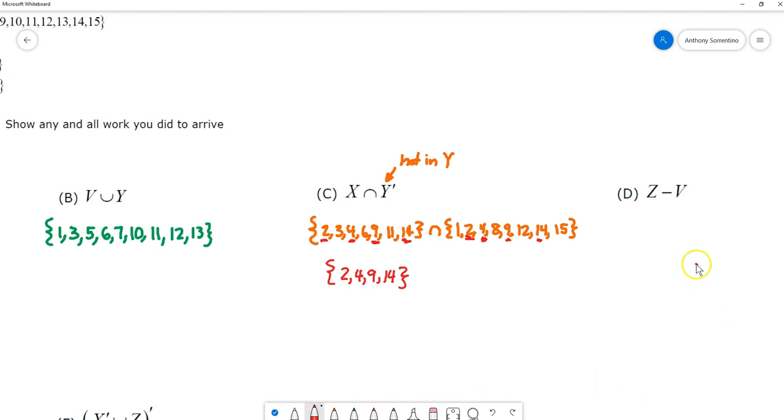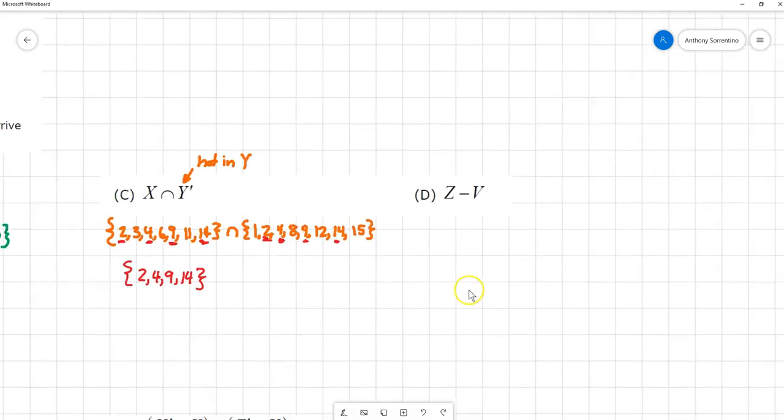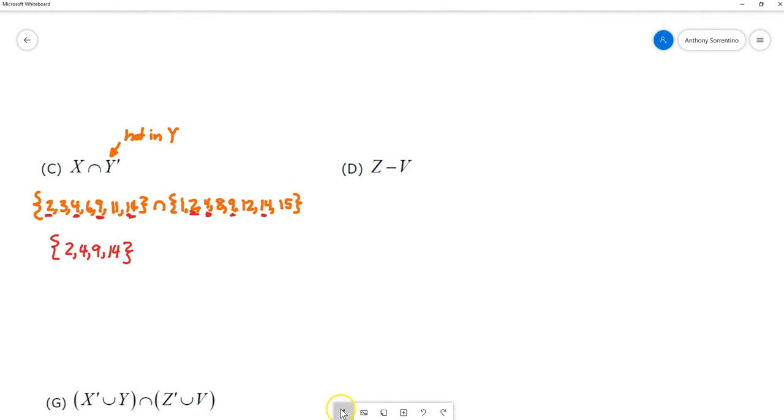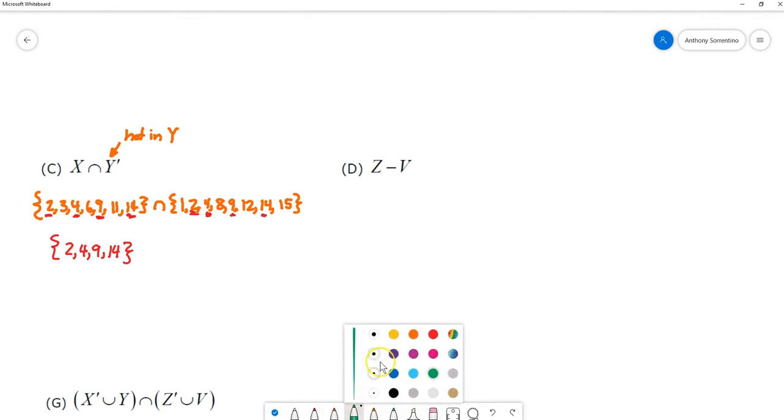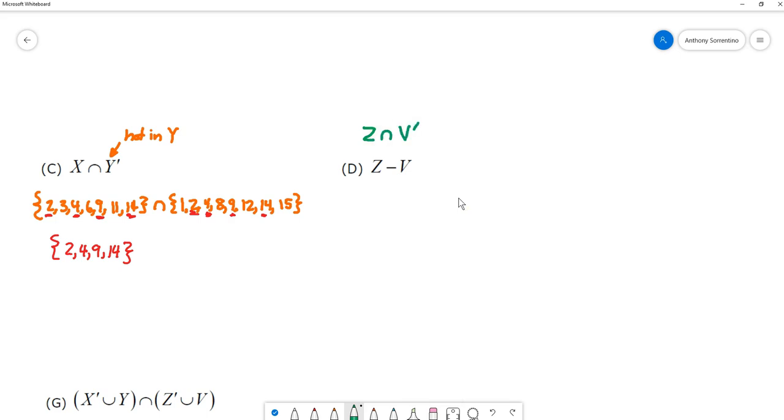Now as far as different notations go, let me erase that real quick. And the same thing as Z and not V. And I do show this, and I do talk about this in the work that you do in this section, so in that unit.